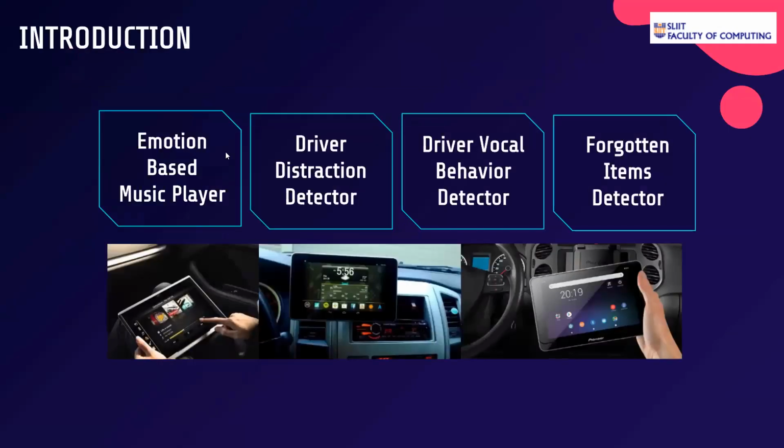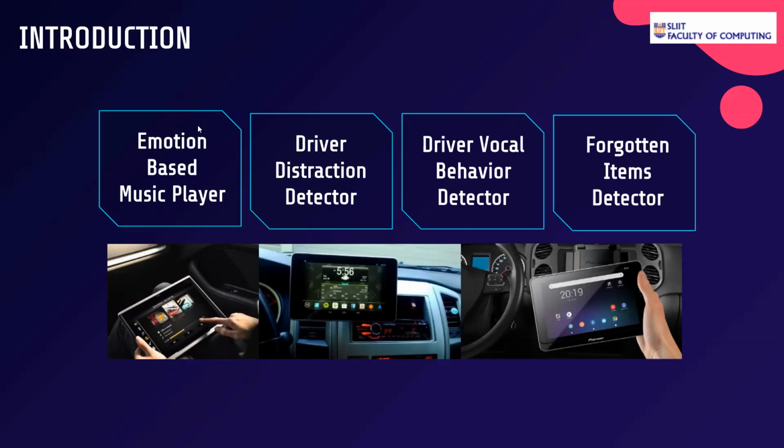As I said, typical infotainment systems only have music players, browsers, navigation systems, video players, something like that. But in this project, we set out to solve some issues which taxi passengers face.